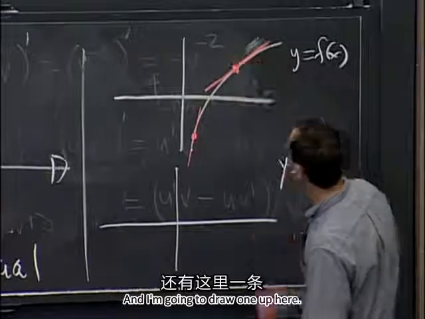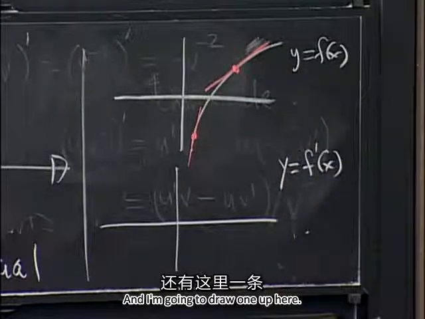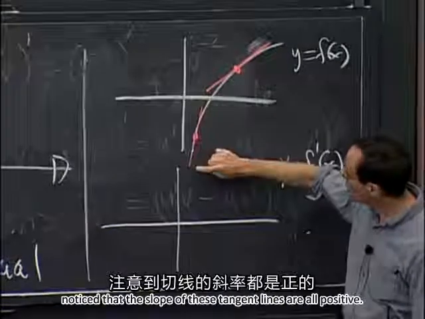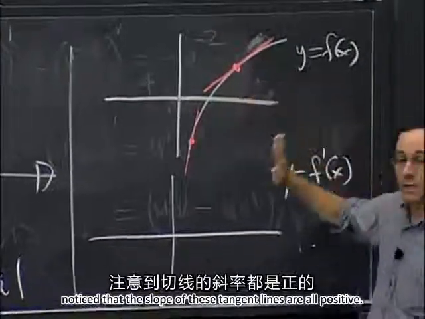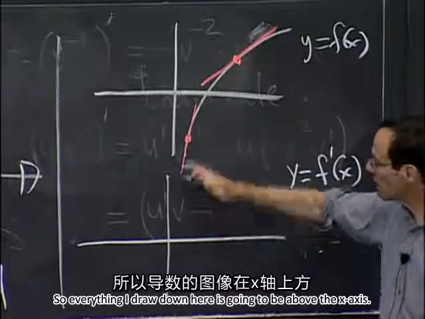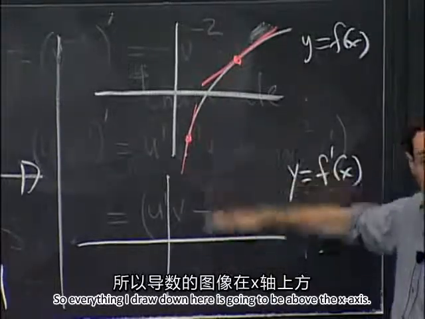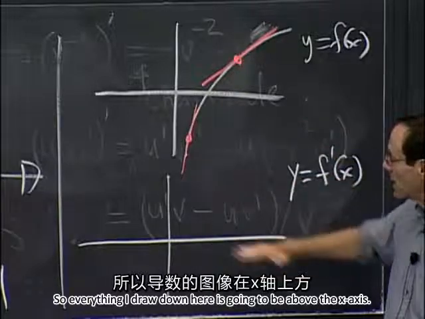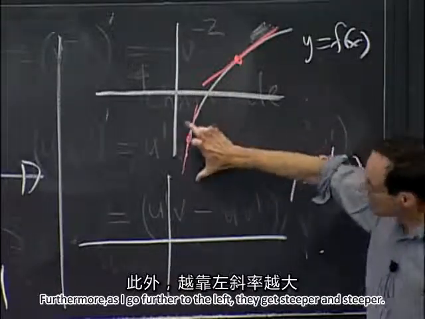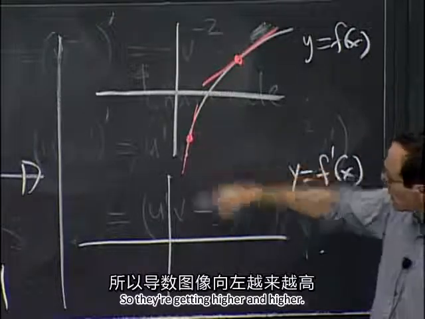All right? Now, notice that the slope of these tangent lines are all positive. So everything I draw down here is going to be above the x-axis. Furthermore, as I go further to the left, they get steeper and steeper, so they're getting higher and higher.